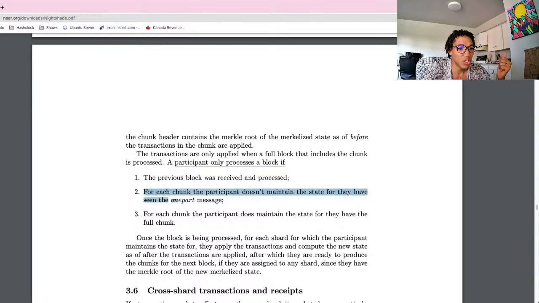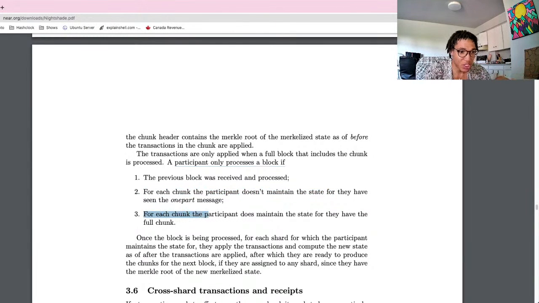For each chunk, the participant doesn't maintain the state for, they have seen the one part message.